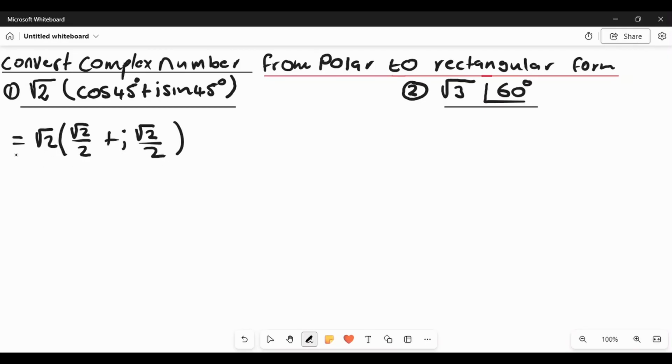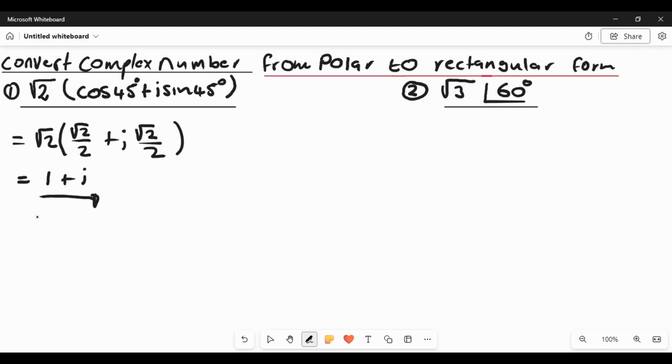Now all you have to do is remove the bracket by multiplying with root 2. If you multiply with root 2 throughout, the first term gives you 1, plus the second term gives you 1 multiplied by i. This is how you change from polar to rectangular.